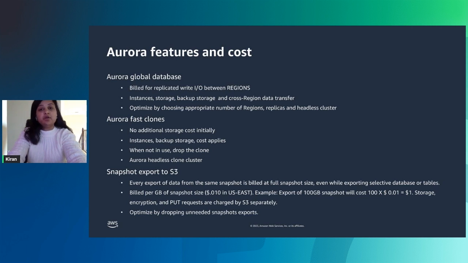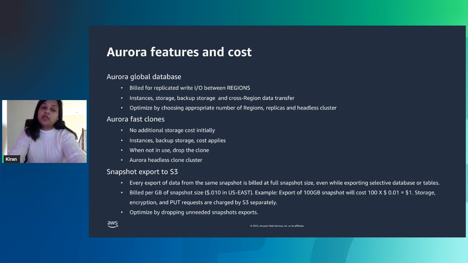For the writer to the read-only mode, customers use this feature typically to get a global disaster recovery architecture. But where cost is the concern, the best way to contain the cost is to size your reader node appropriately and balance it by understanding your business RTO and RPO. Based upon that, you can always see if the reader node can be sized smaller than the writer. And the other most important way is the headless cluster. It's a new way that you can use to save some cost.